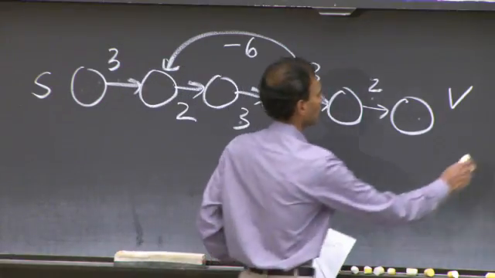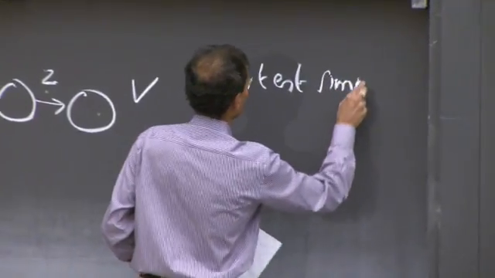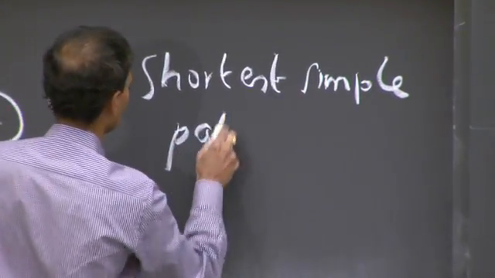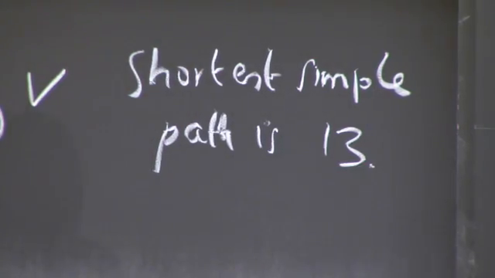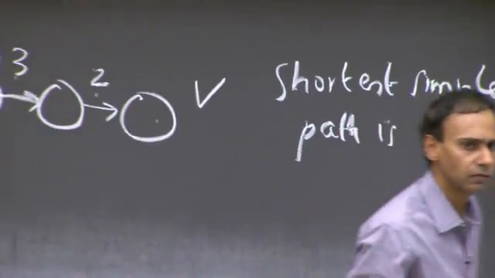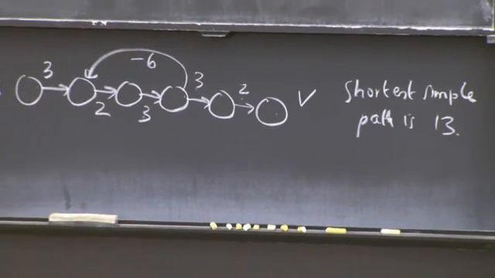So the shortest simple path is 13. Will Bellman-Ford give you any information about this path? No, because it will abort.